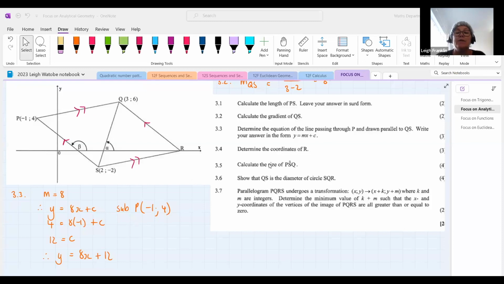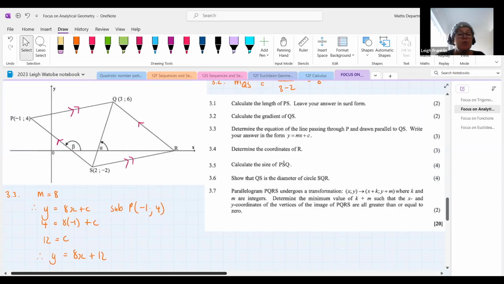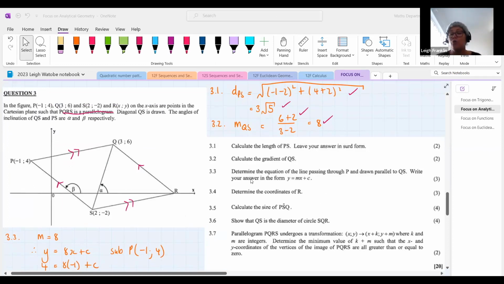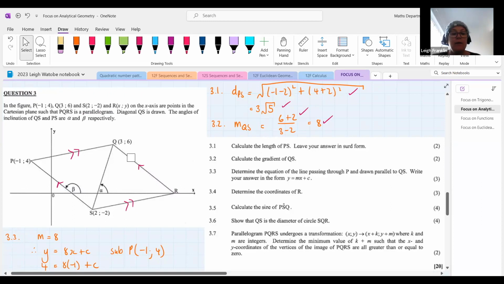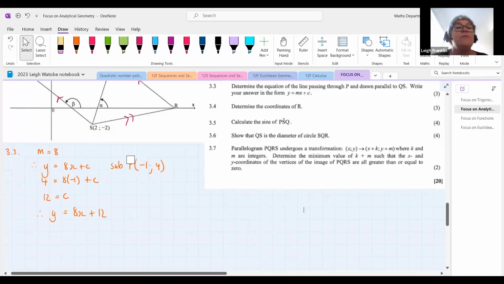Cool. All right. Now they want the coordinates at R, and this is out of 3 marks. So again, this is something that I want to have a little bit of a discussion with you guys about. They're asking us in question 3.4 to calculate the coordinates at the 4th vertex of a parallelogram, okay? There are 2 ways that you can answer a question like this. The first way, so let me just make some notes here for you.